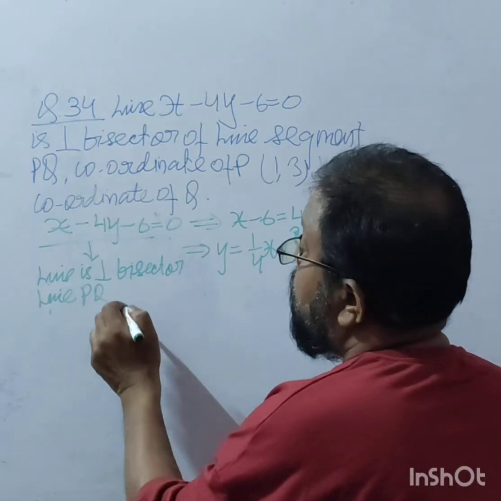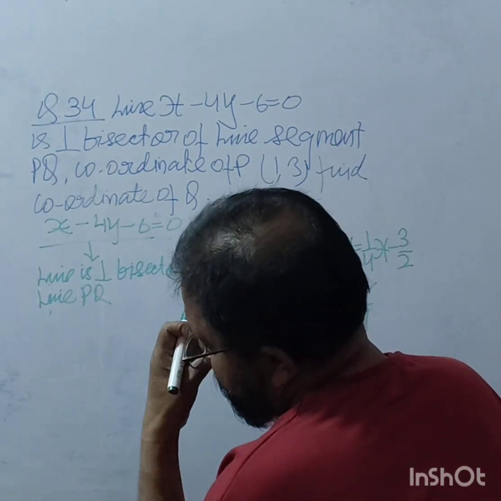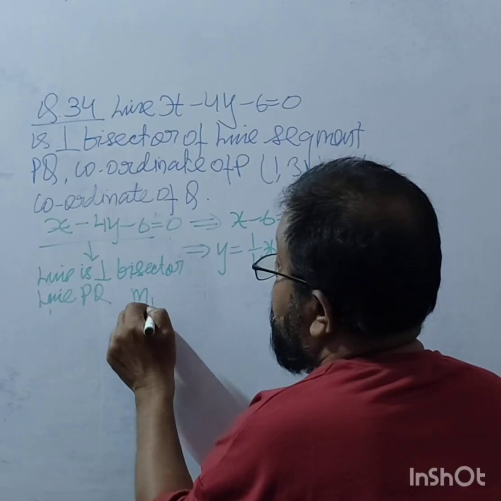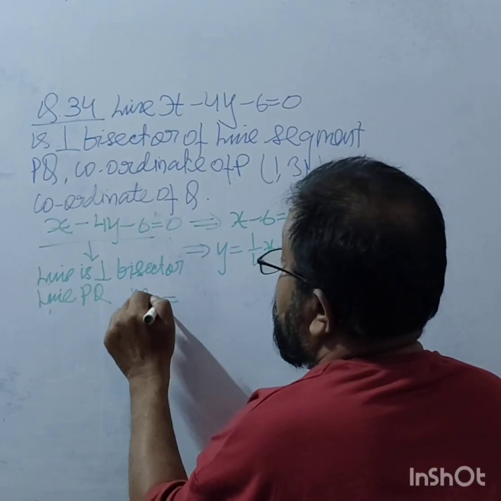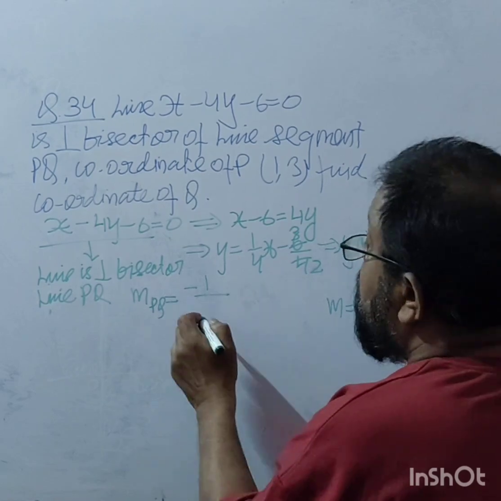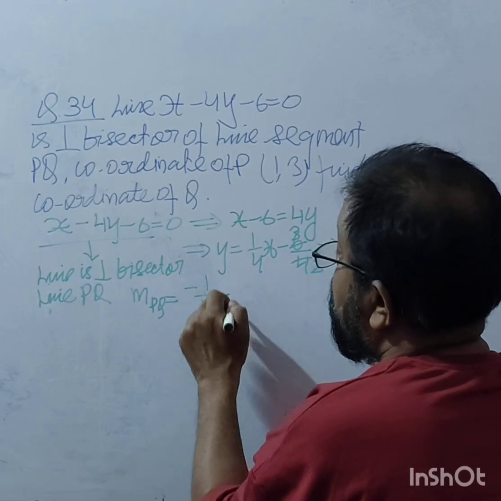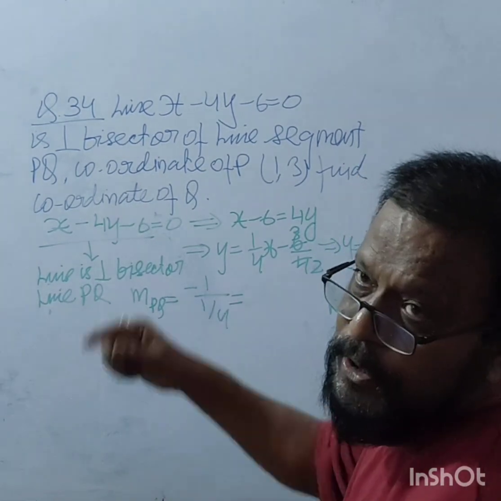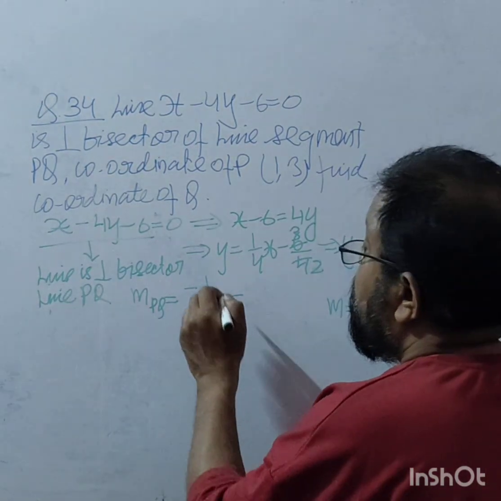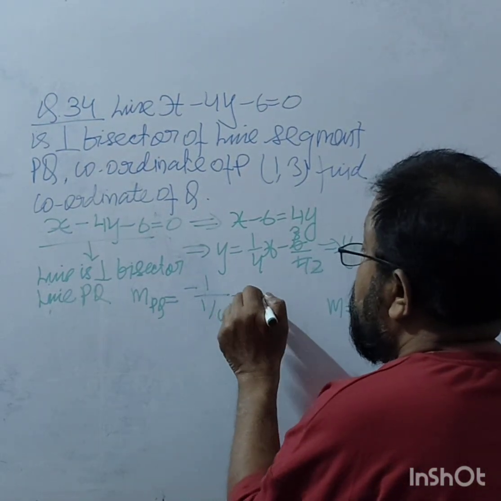So m of PQ is equal to minus 1 upon 1 by 4. It becomes how much? Minus 4.